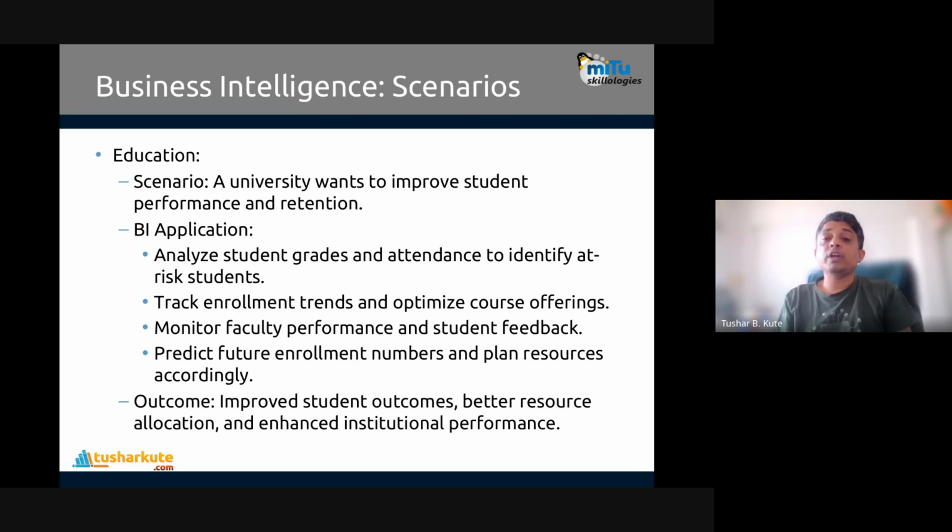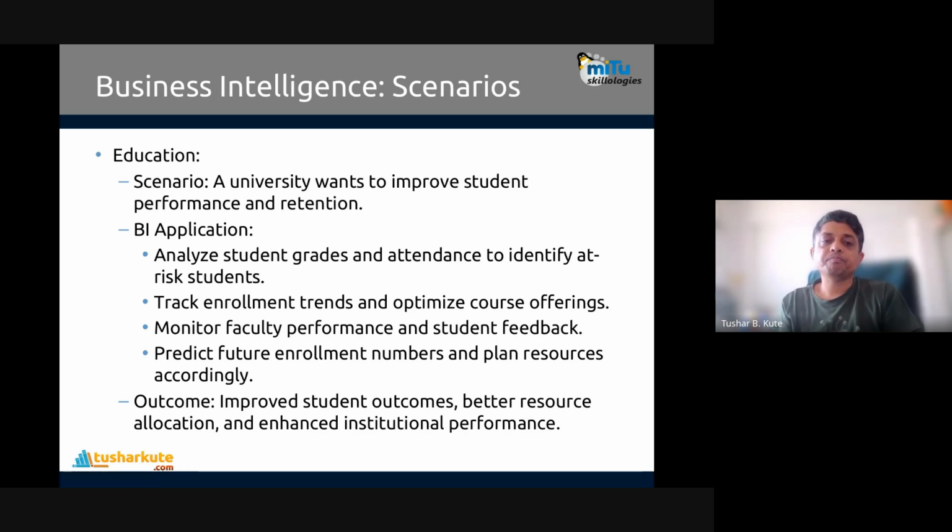Even you can have enrollment trends to optimize course offerings. Enrollment trend means from the last 5 years, for which engineering stream maximum students are getting admitted, and which are not. That trend you can see. If some engineering trends are declining, definitely they will think of closing the respective branch, or maybe they will think of changing to a more industry-oriented syllabus for that branch.